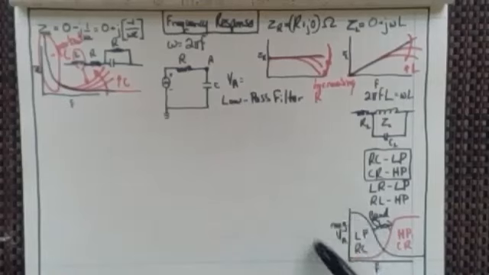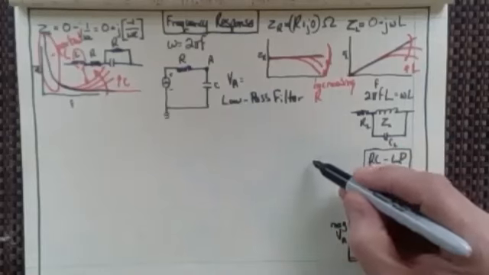Now, I could modify these in such a way that I have a low pass filter that then crosses over a high pass filter, one and then the other, and that would be a band pass filter. Let me see if I could draw that.